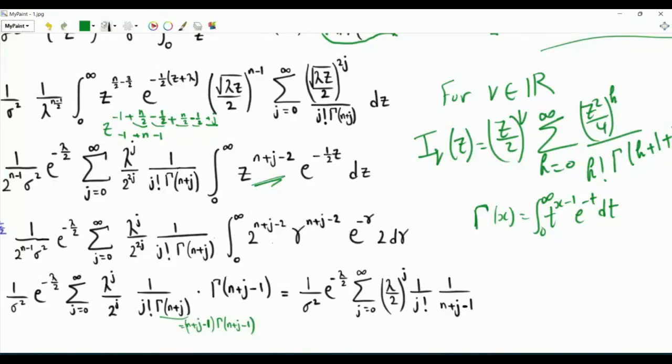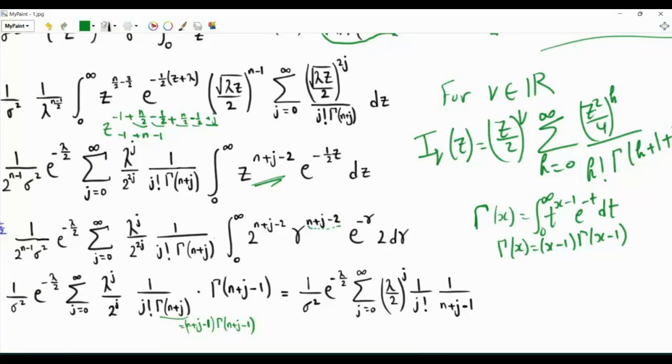So this means that this integration with respect to small gamma will give us the gamma function, and the argument of the gamma function will be this power here plus 1. So we have gamma of n plus j minus 1. From the properties of the gamma function, we know that gamma of x is x minus 1 times gamma of x minus 1.